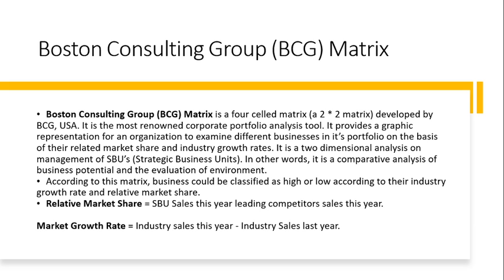So how will you calculate relative market share? It is SBU sales, that is strategic business unit sales this year, divided by the leading competitor's sales. That is known as relative market share. Market growth rate is industry sales this year minus industry sales last year, so this year and last year are compared to know the market growth.